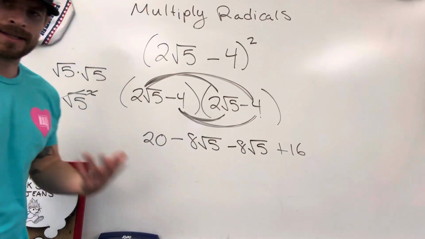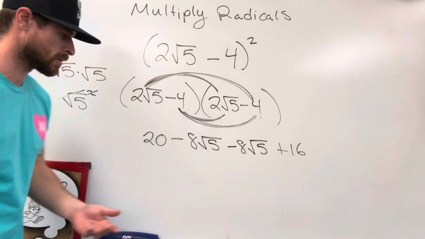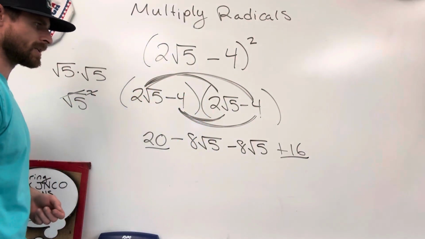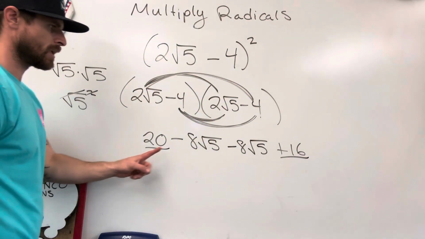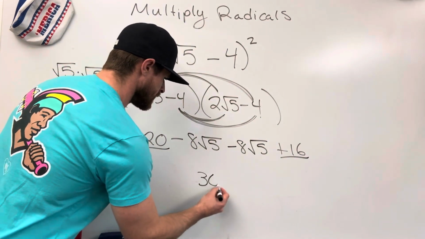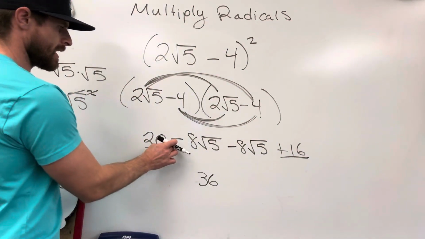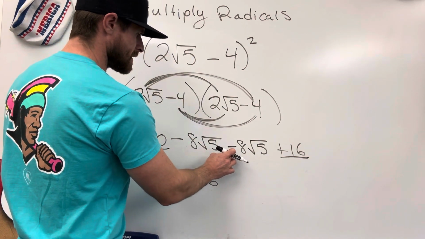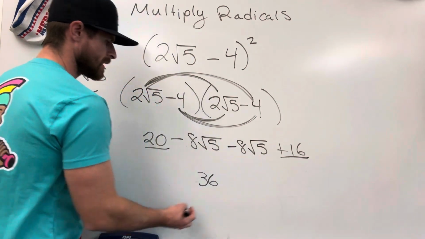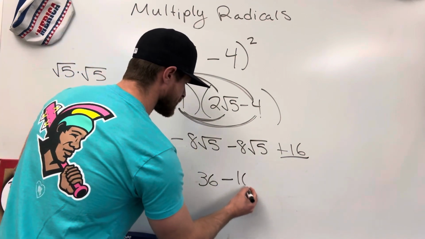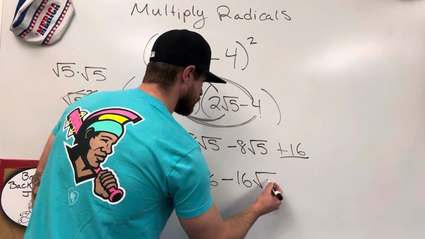And now I've got some like terms and some like radicals. Here's my like terms. A constant can combine with another constant through addition and subtraction. So 20 plus 16, that's going to give me 36. And then I've got -8 root 5 minus 8 root 5, which is going to give me negative 16 root 5.